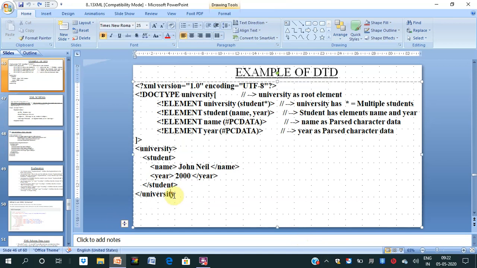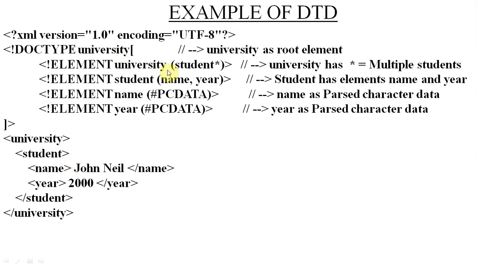University tag is started, and inside university we have the student tag, and after student we have written the asterisk sign. The asterisk sign means multiple students. You can see here the command line: university with asterisk means we have multiple students. So it means student has sub elements.